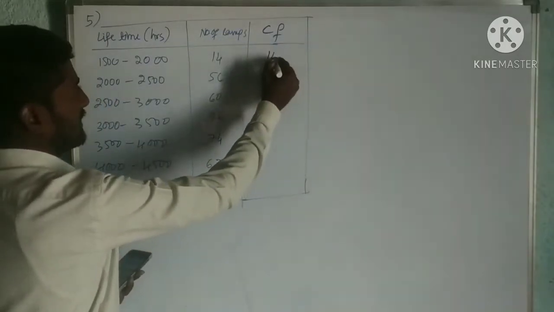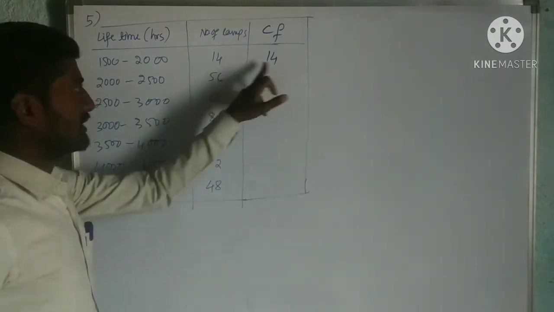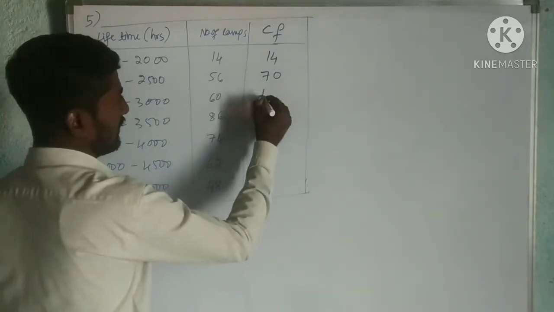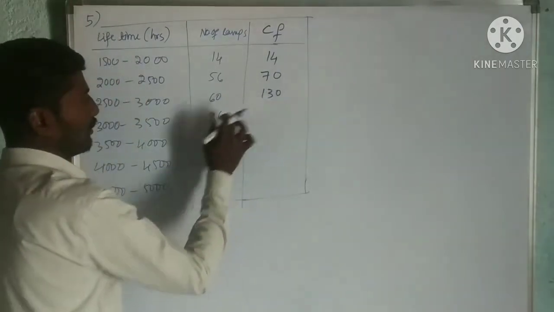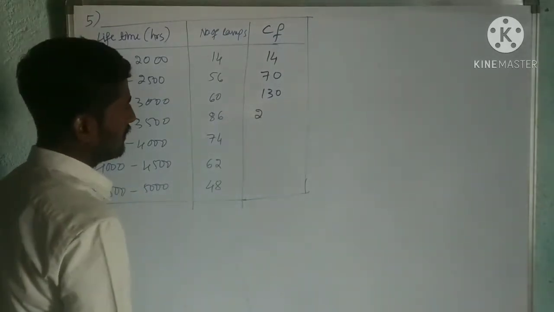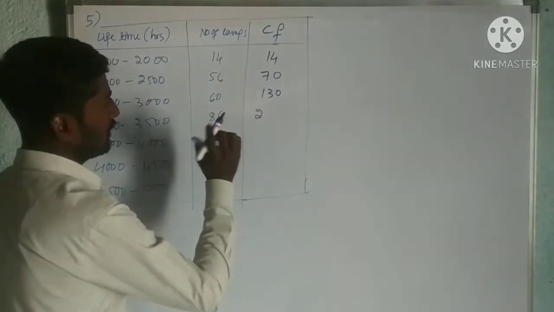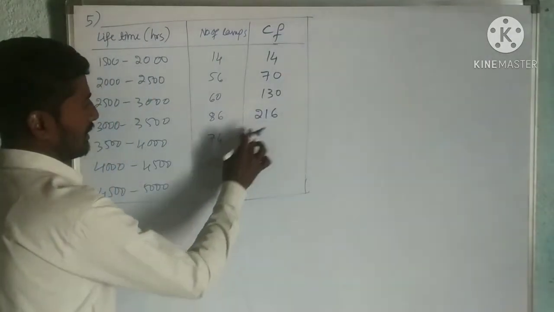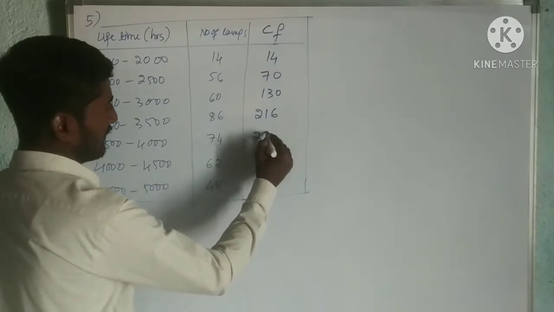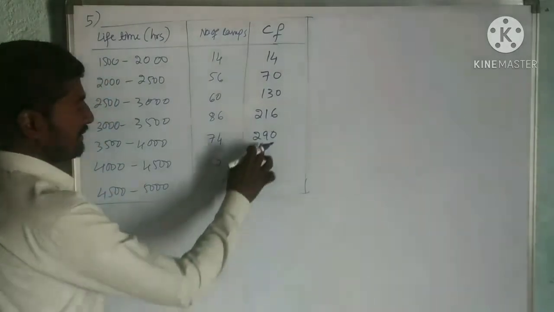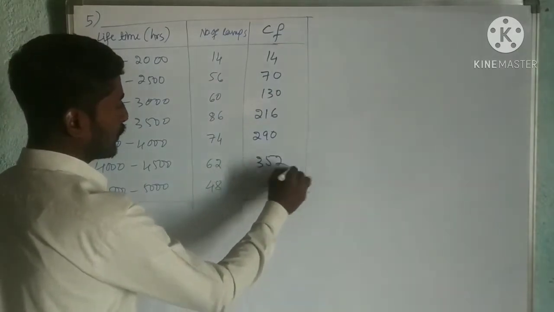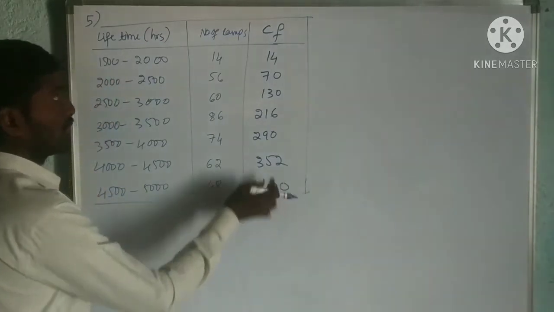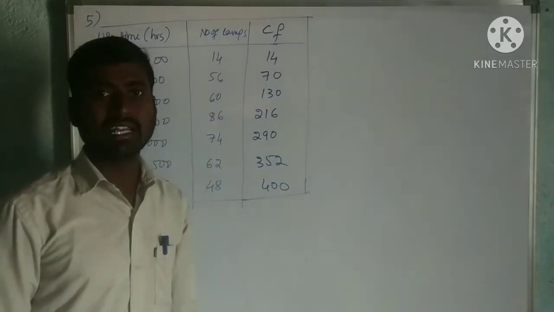First, 14 you write as it is. 14 plus 56 is 70. 70 plus 60, 130. 130 plus 86, 216. Then 290. Then 352. Then 400. I must get 400 because they said 400 lamps.